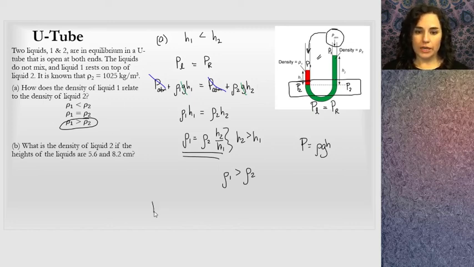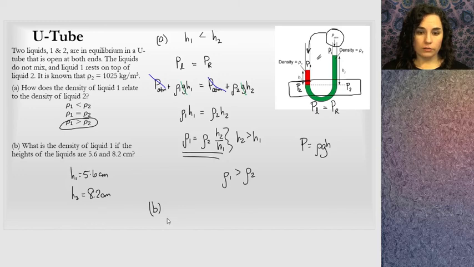Let's do part B. It says, what is the density of liquid 1 if the heights of the liquids are 5.6 and 8.2? So h1 equals 5.6 centimeters, and I can see it's smaller, so that makes sense to me. h2 equals 8.2 centimeters. I already have an equation up here.